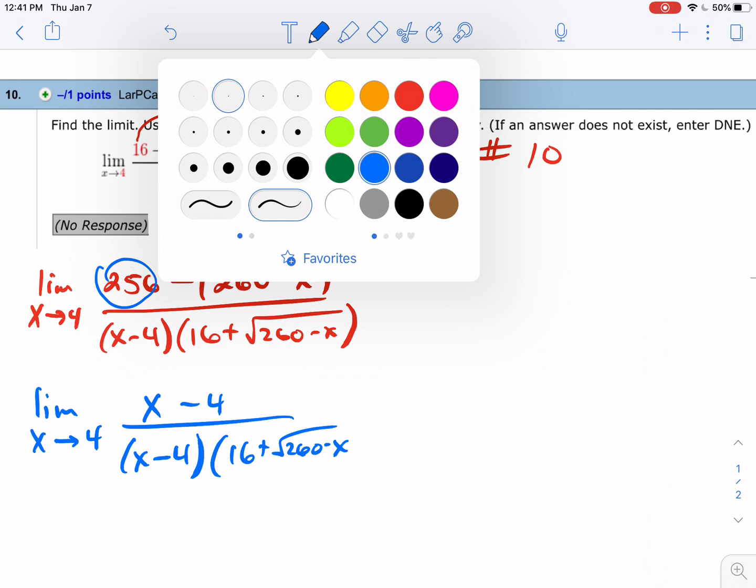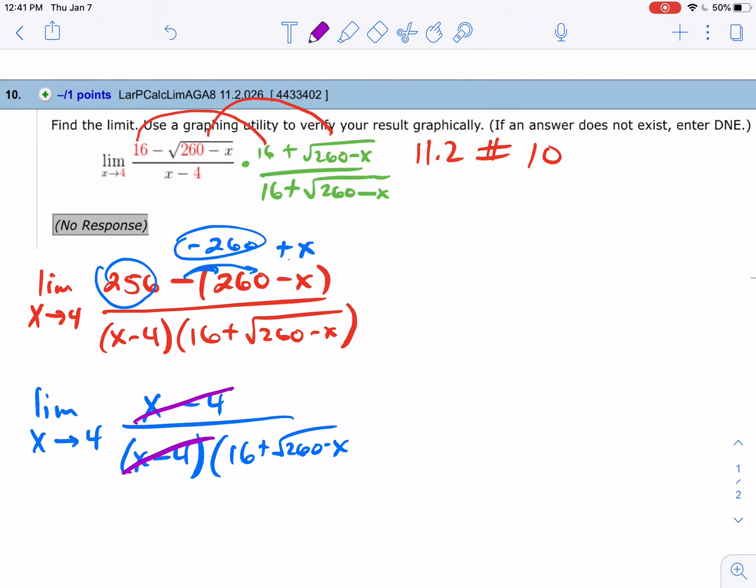All right, so then you probably see we can cross off the x minus 4s, but I don't leave a blank on top. Remember, when you do this, you're really dividing, so it's really like 1 and 1. You're dividing an x minus 4 on the top and the bottom, so you end up with the limit as x goes to 4 of 1 over 16 plus the square root of 260 minus x.